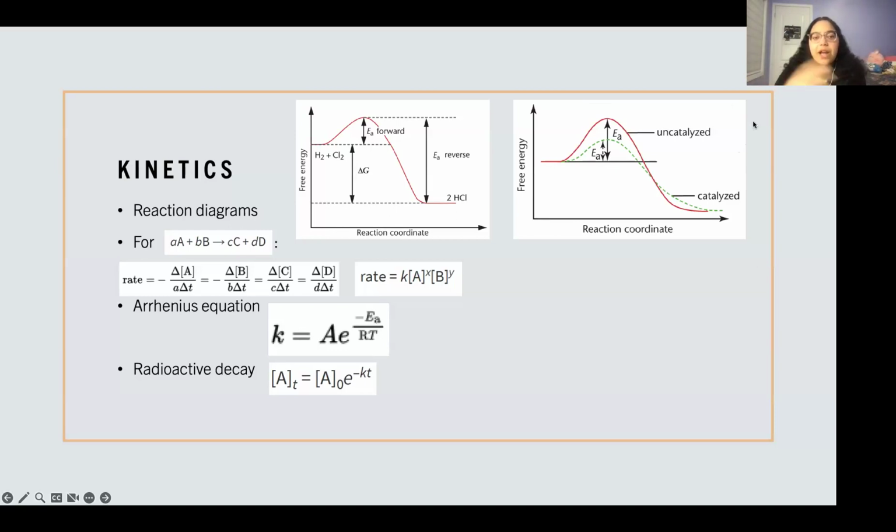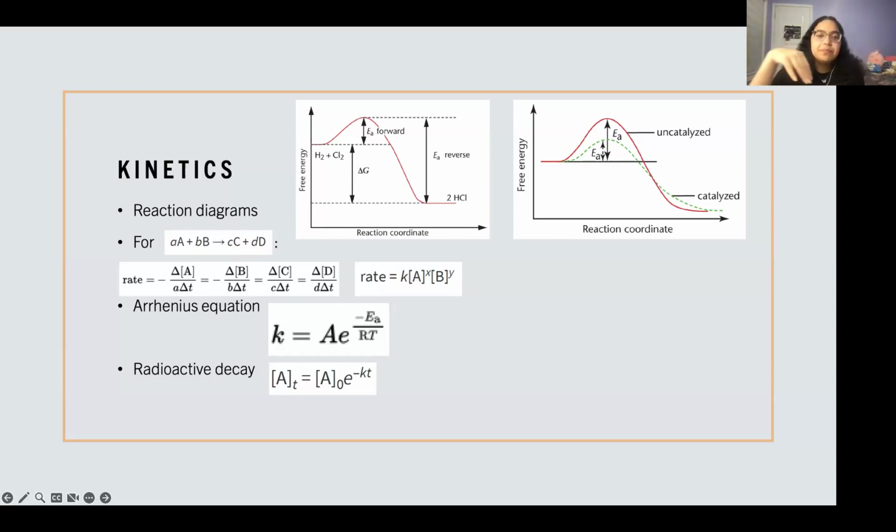If you have a reaction where your coefficients are lowercase letters, let's say, and your reactants are A and B and your products are C and D, the rates will be equal if you adjust by the coefficient, with the reactants being a negative rate and the products being a positive rate.